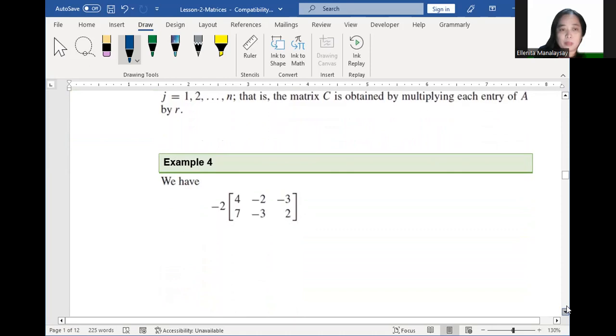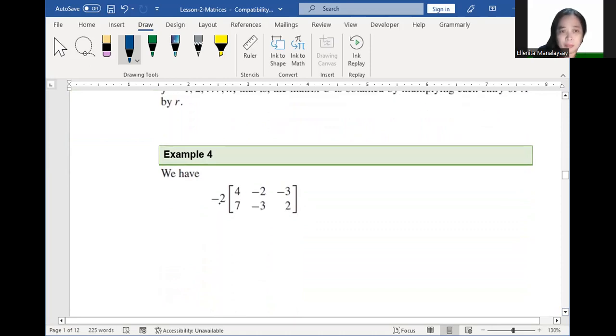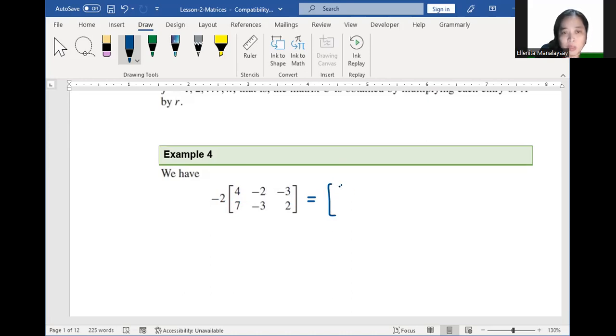Say for example, if we have negative 2 times this 2 by 3 matrix containing the entries 4, negative 2, negative 3, 7, negative 3, 2, to get the product between this real number, this constant, and this matrix, all we need to do is to multiply negative 2 by each of the entries in the given matrix.